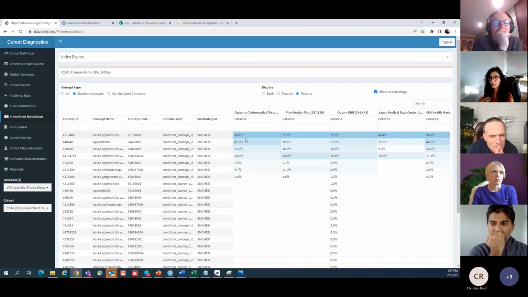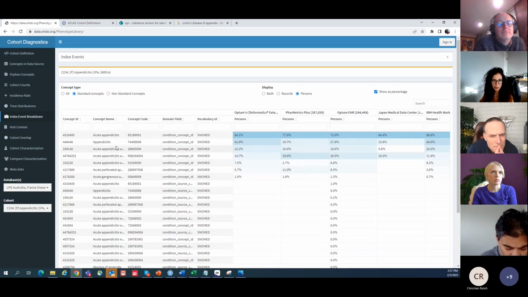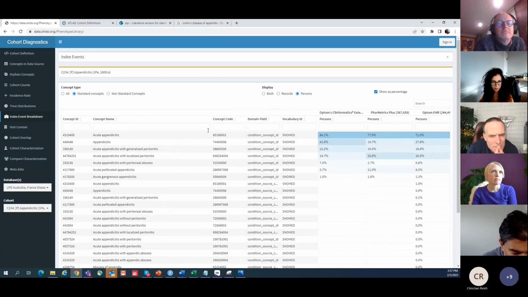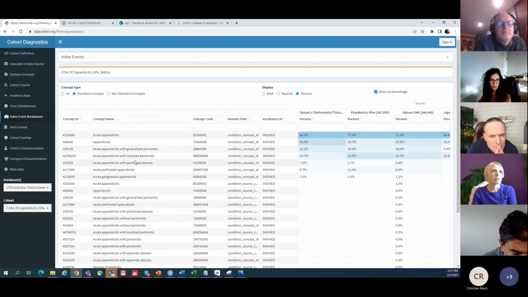So as a peer reviewer, that makes me feel good from a specificity perspective. There's this code of appendicitis, which is non-specific, seems fine. And then there's acute appendicitis with generalized peritonitis, all this.